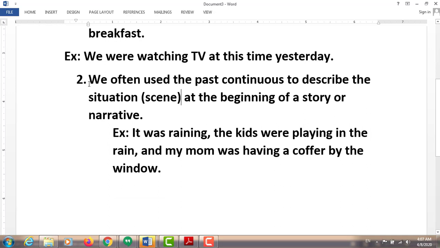Translation. ترجمه تعریف دوم چی میشه؟ We often use the past continuous or past progressive to describe the situation or scene at the beginning of a story or narrative. میگه ما اکثرا استفاده میکنیم از گذشته جاری تا تشریح کنیم یک حالت را، صحنه را در شروع یک قصه یا هم یک حکایت. For example, it was raining, باران میبارید.